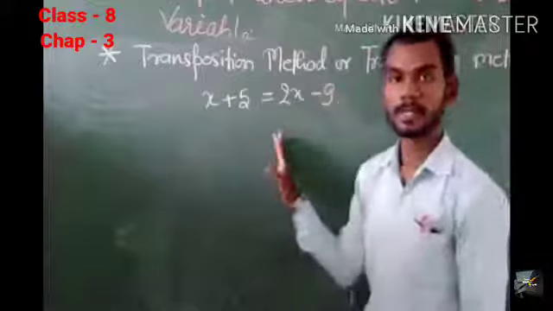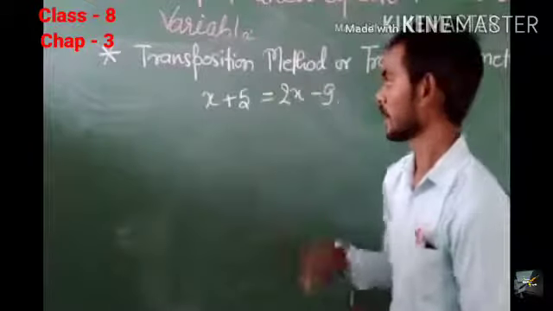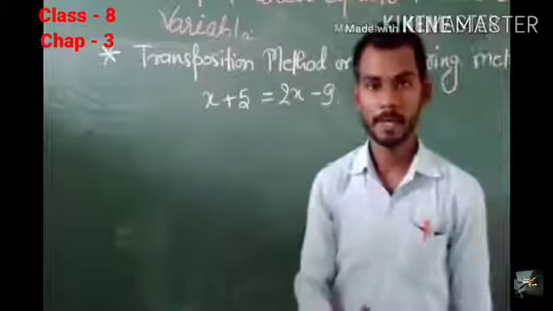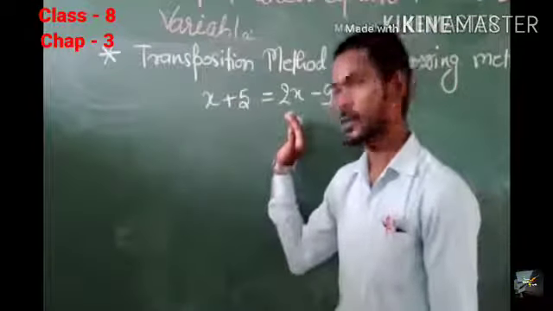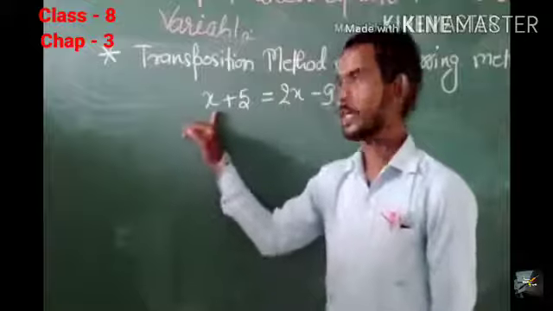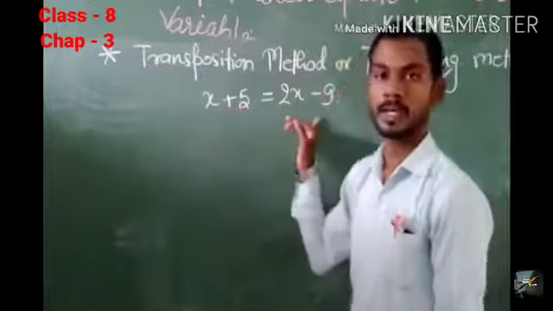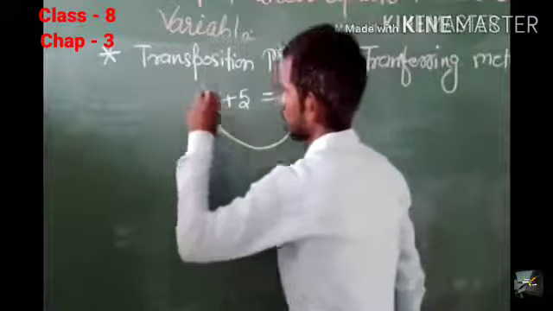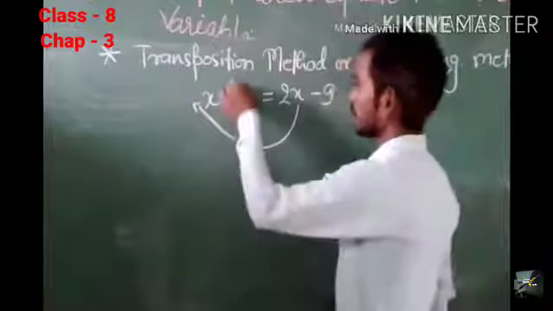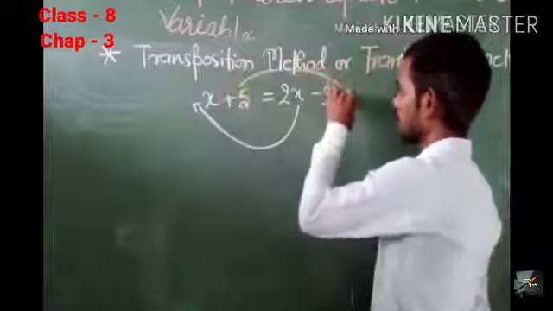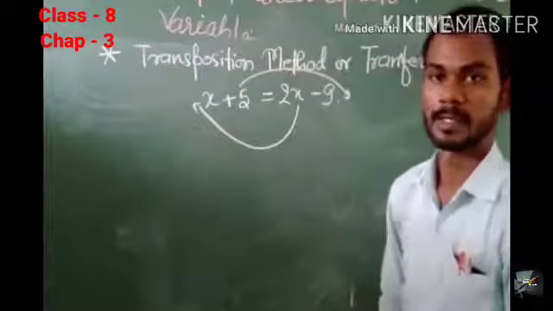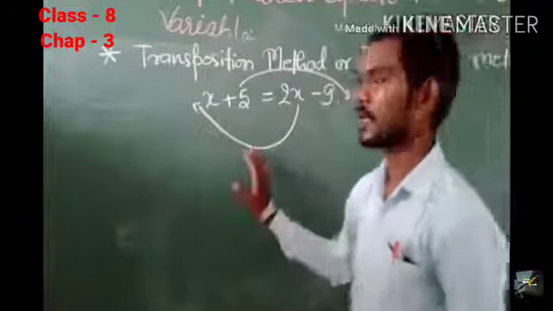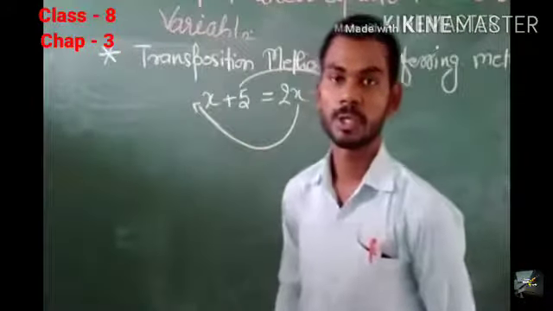This is a linear equation in one variable. Here we have to transfer the algebraic term, that is the literal term or variable term, to one side and the constant term to the other side. That is, we transfer 2x to the left hand side and 5 to the right hand side. Then this method is called the transferring method or transposition method.